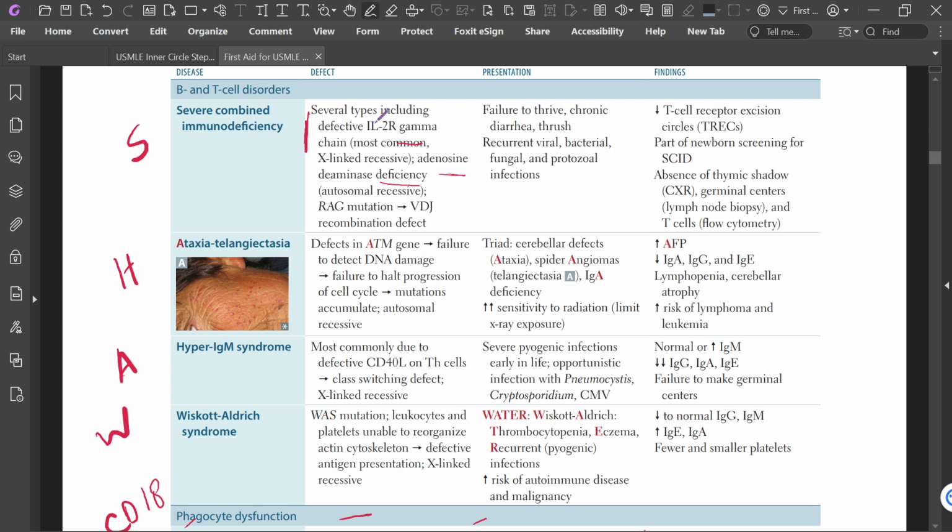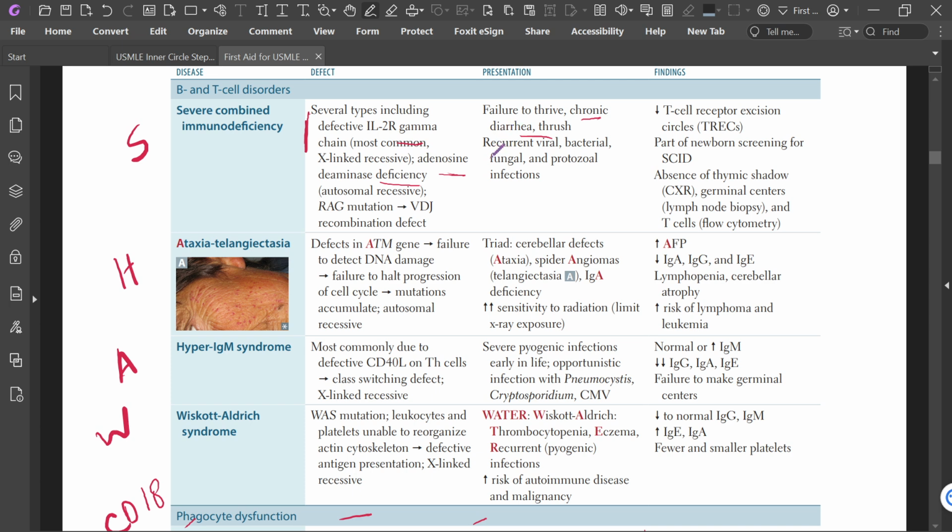There is also RAG mutation with VDJ recombination defect. Features are failure to thrive, chronic diarrhea, thrush, and recurrent bacterial, viral, fungal, and protozoal infections.